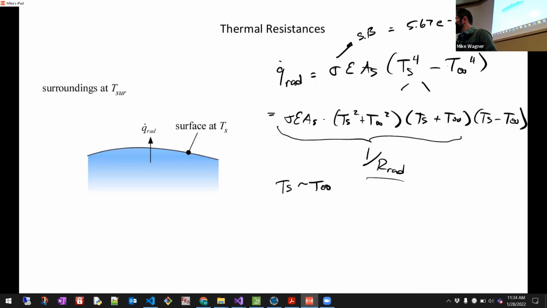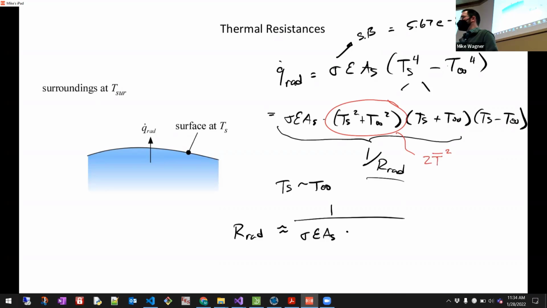And in fact, this is the exact solution up here. There's another way of writing it, an approximate solution. So R_rad is approximately equal to 1 over sigma epsilon A_S times, let's see, this is approximately equal to 2 T bar squared, T bar being the average of T_S and T infinity.